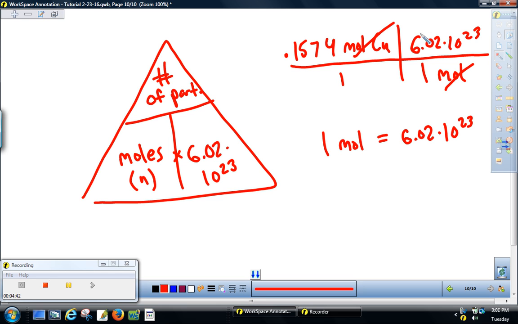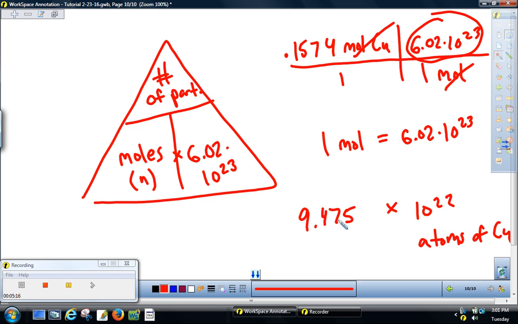So I'm doing this, and we get as an answer 9.475 times 10 to the 22nd atoms of copper. We keep 3 sig figs, and because the first number we're going to chop is 5 or higher, we round the next number up, so 7 rounds to 8.